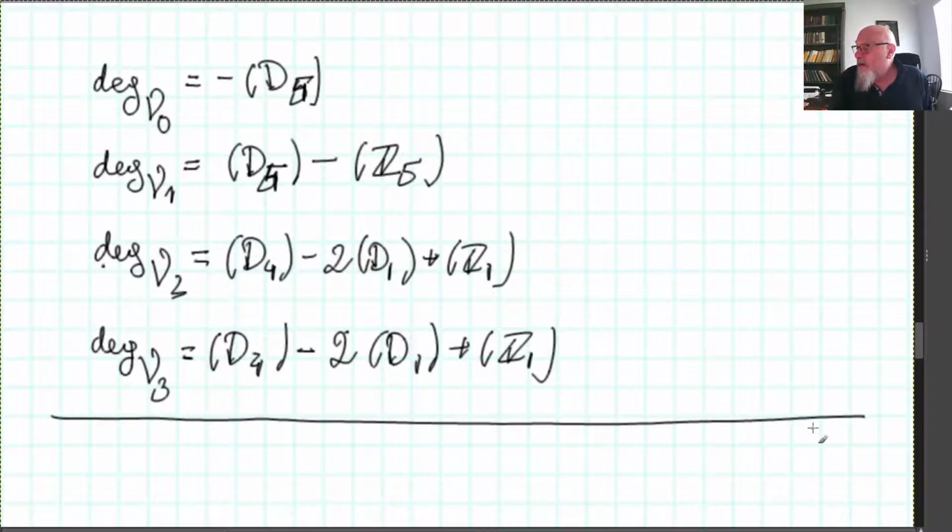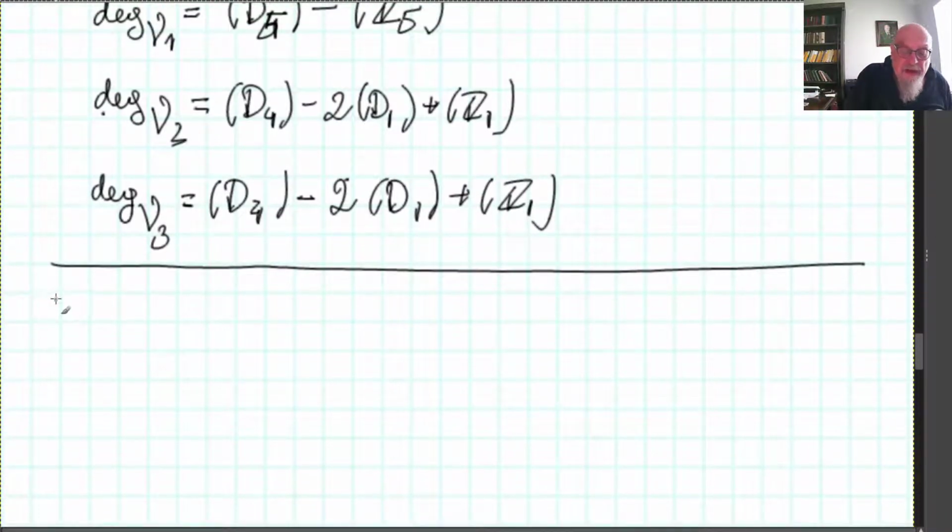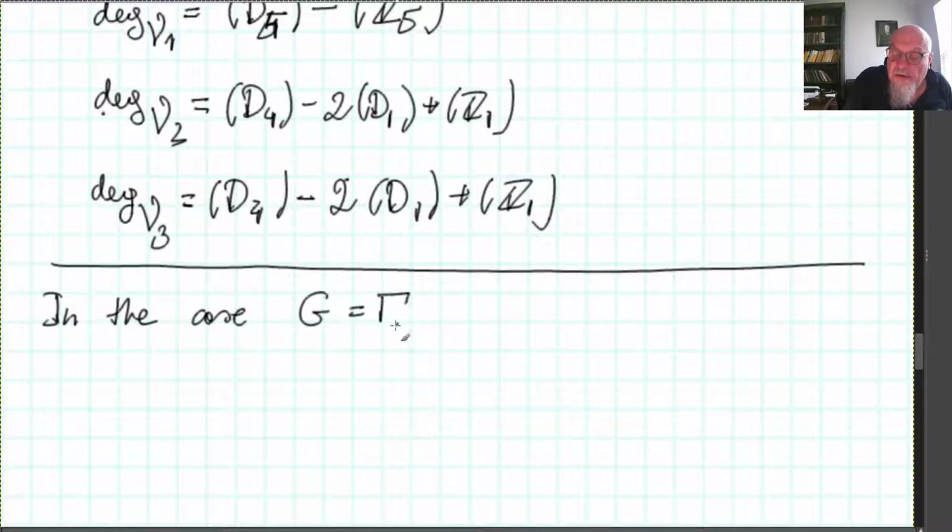Maybe let's go further and let's consider the product. So in the case our group G is equal to the product, let's say gamma 1 times gamma 2.